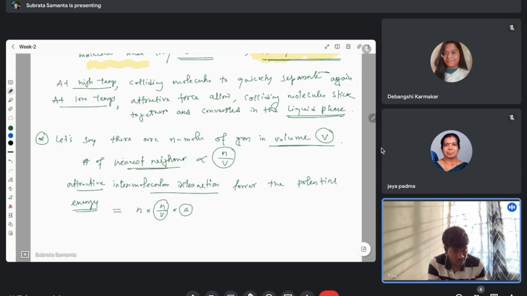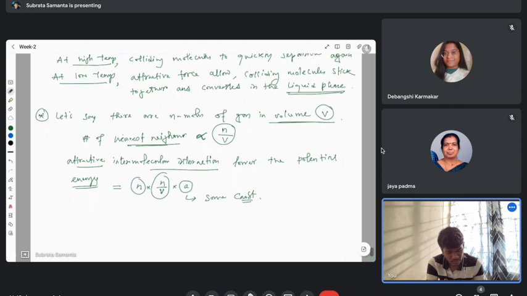Since we are calculating the potential energy, a is the proportionality constant. So this is the total potential energy due to this attractive potential.